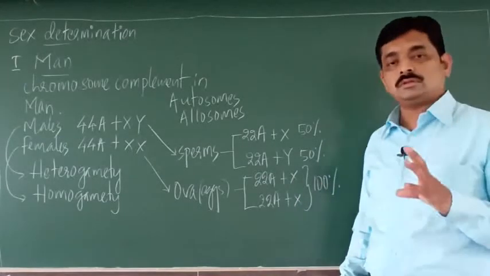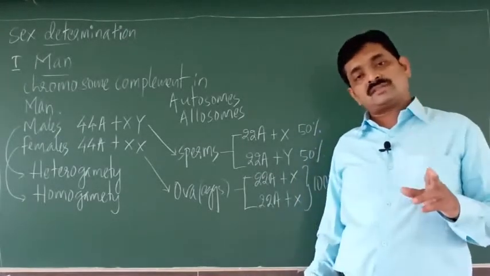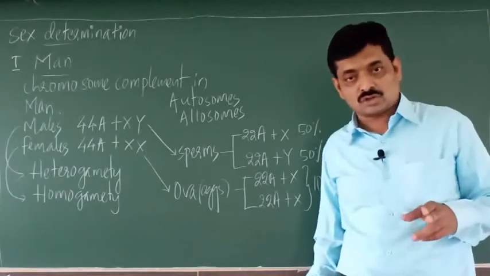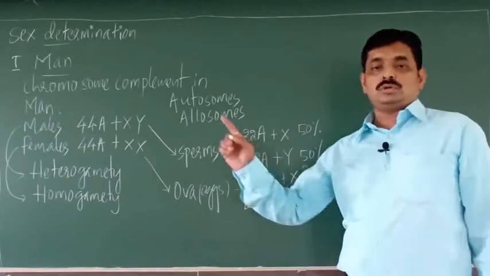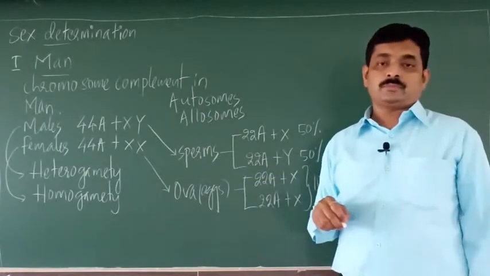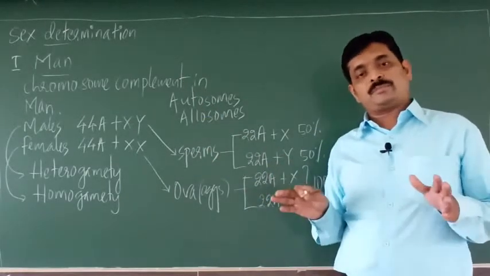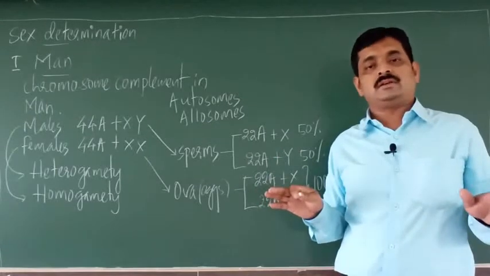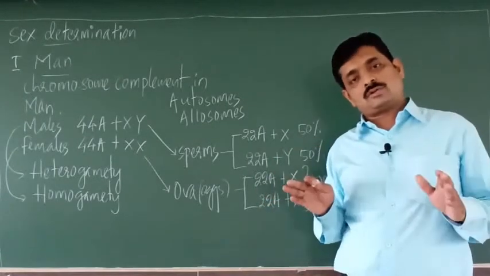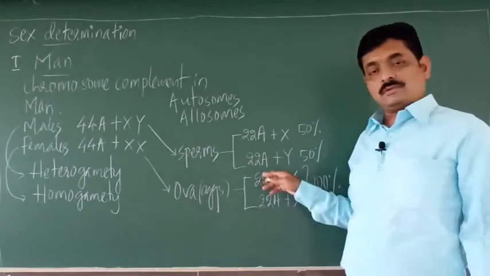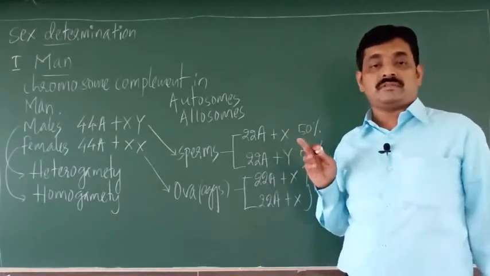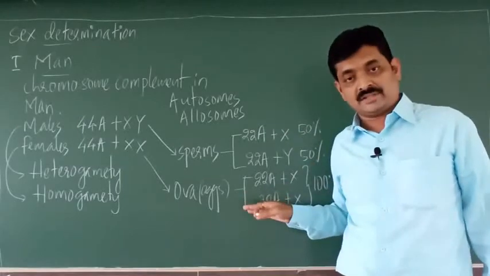So a human egg always contains an X chromosome along with 22 autosomes. One type of eggs is produced. All eggs are similar. That's why it is called female homogamety.